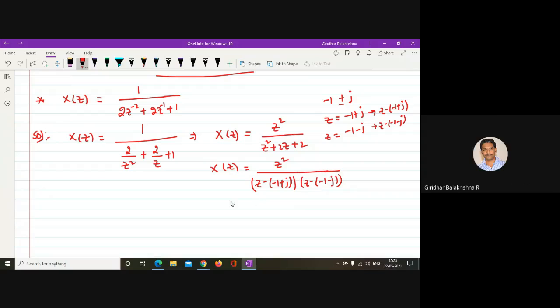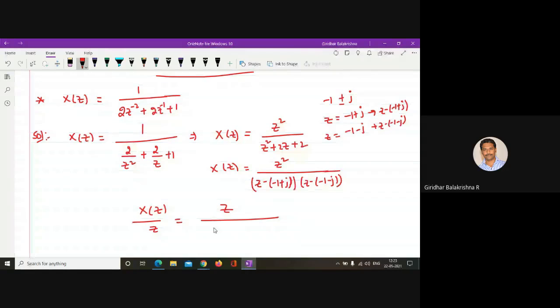Okay. Now, after representing X of z, what we need to represent? X of z by z. X of z by z is equal to z by z minus of -1 plus j into z minus of -1 minus j.